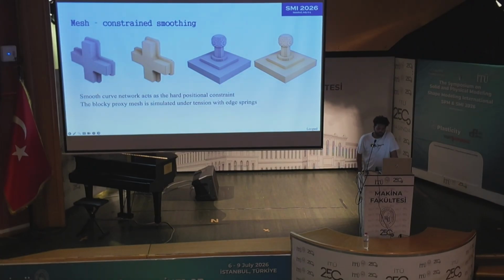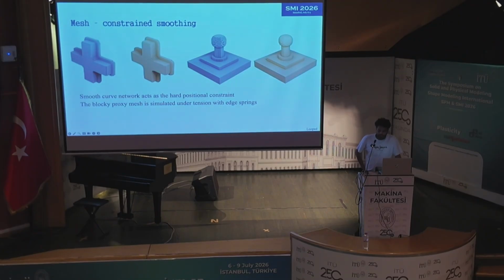Similar to the curve network simulation, we associate a mass spring system to the triangulated proxy mesh. This involves assigning uniform masses at vertices and considering edges as damped springs. Similarly, we also use shorter edge lengths to start the simulation under tension.